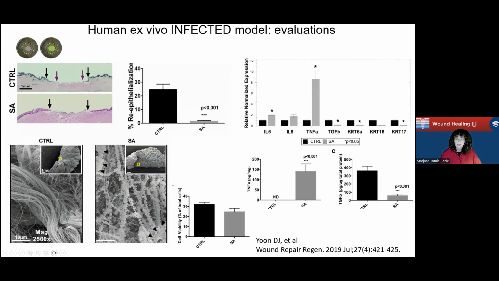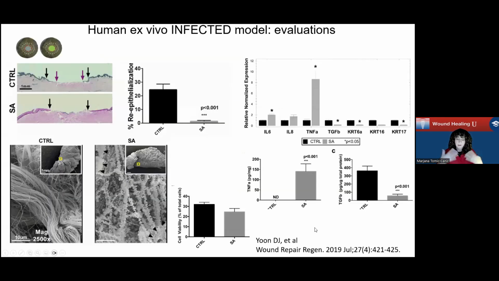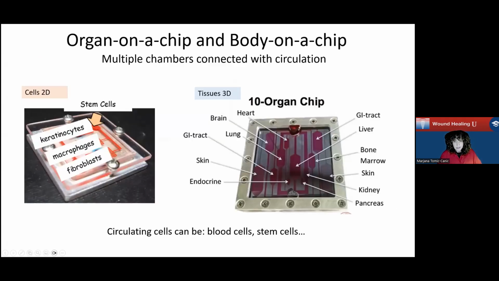Again, it has its own limitations, without circulation and flux of inflammatory cells and angiogenesis and fat cells and so forth. So there are obvious limitations, but it's very useful for assessment of how human skin will react to certain challenges or treatments.